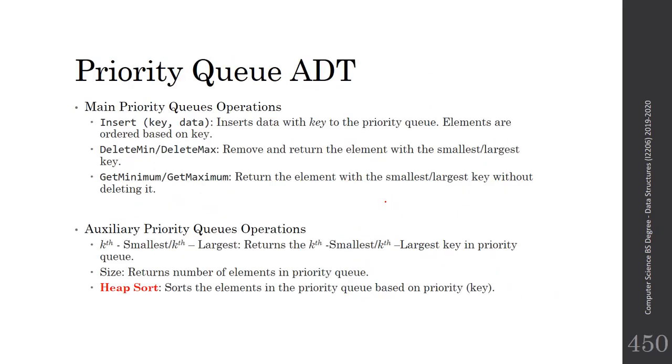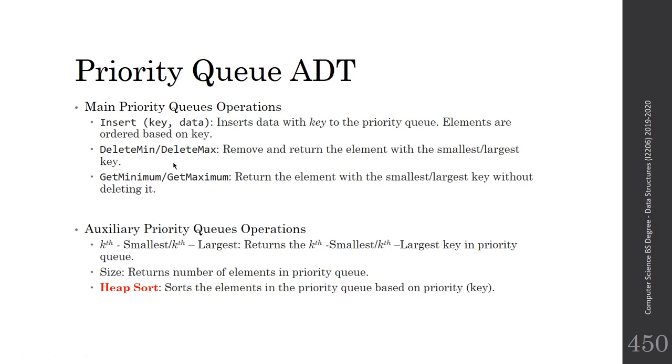So the main operations of a priority queue are the insertion of a key and data, deleting the minimum or the maximum, depending on how we are inserting the elements into the priority queue, and getting the minimum and the maximum, so the front or the rear element.